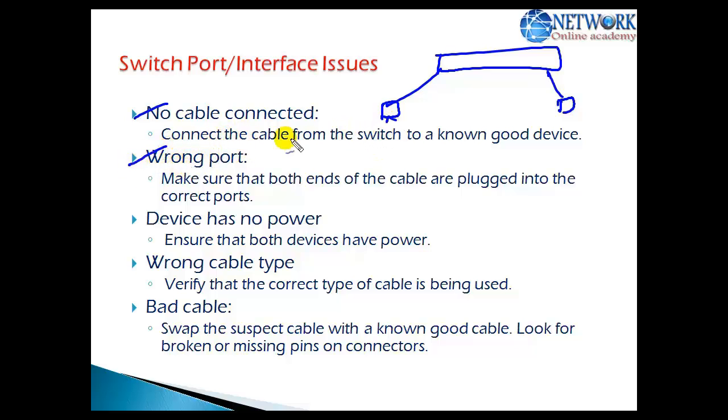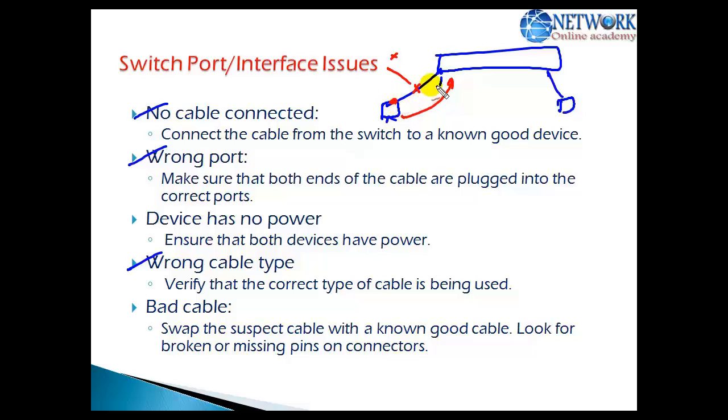Or maybe you are connecting on a wrong port, so make sure you connect on the proper port. Also check for the wrong cable. You might be using a cross cable, which doesn't work here, because to connect a PC to a switch we must use a straight cable. If you connect the wrong cable type, you also won't see communication.